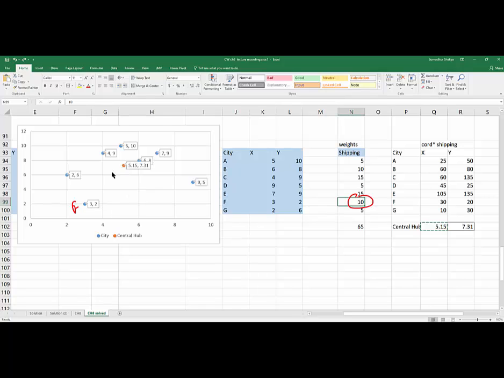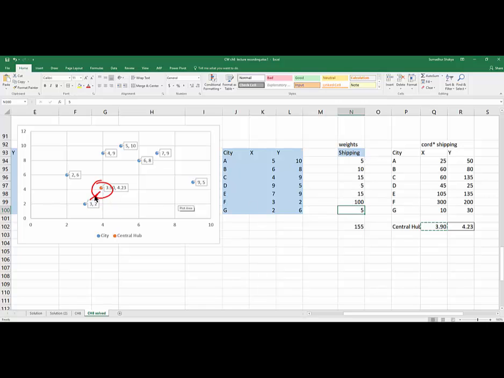So if our volume of 10 was to go up, let's see how our central hub's location changes. It was to go from 10 to 100. Then you see how the location for the central hub immediately got closer to F, because now it has more weight compared to everybody else.